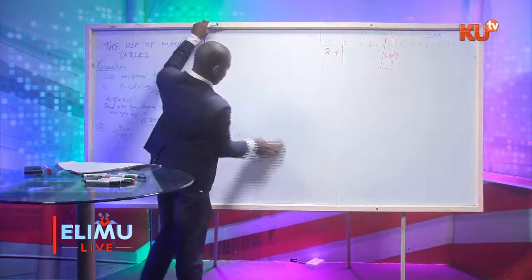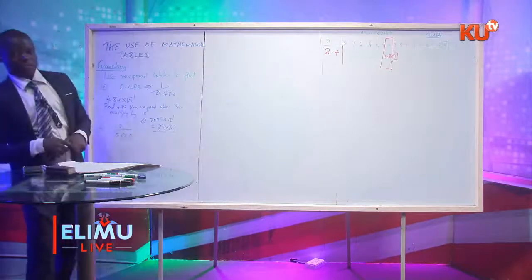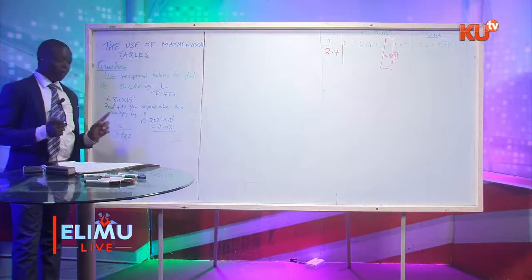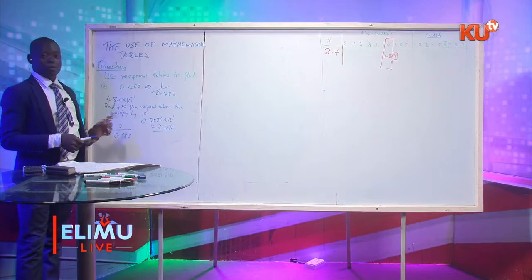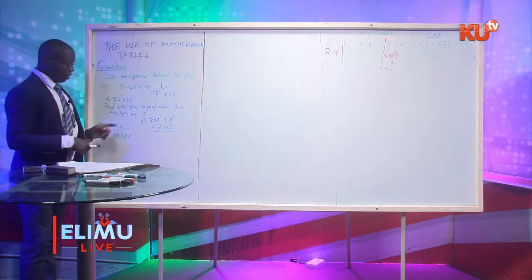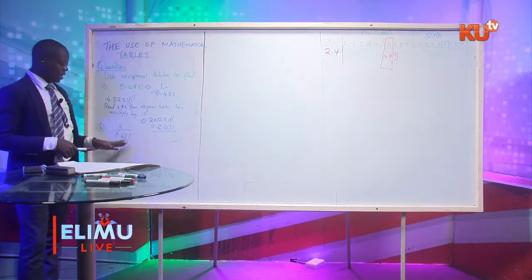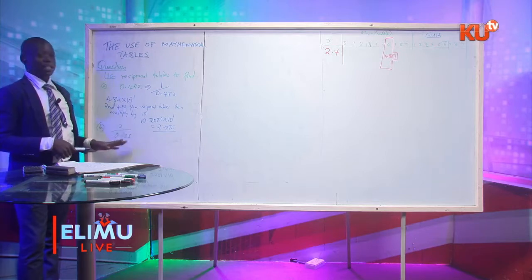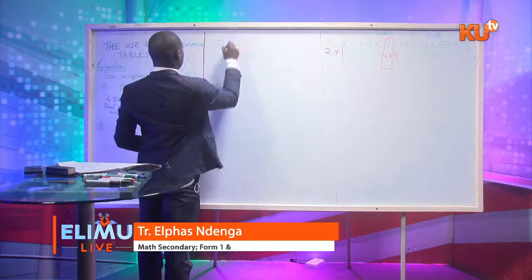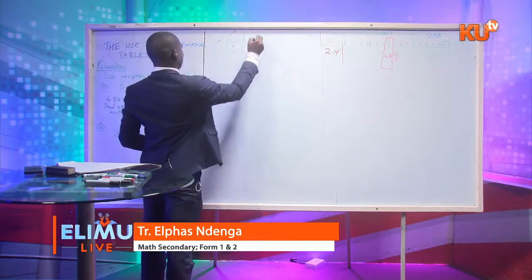Part B, you're told to use reciprocals. And in this case, do not find yourself reading the reciprocal of 2 from tables. It is unnecessary. When you have 2 over 0.635, to find the reciprocal of this number, you simply rewrite it as 2 times 1 over 0.635.